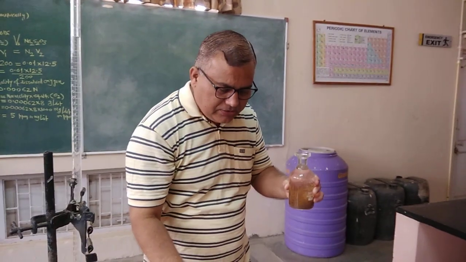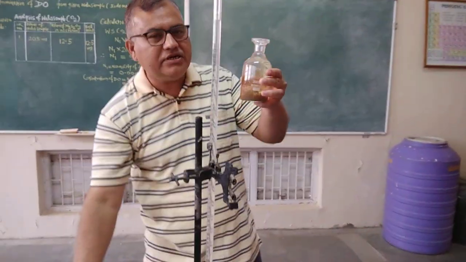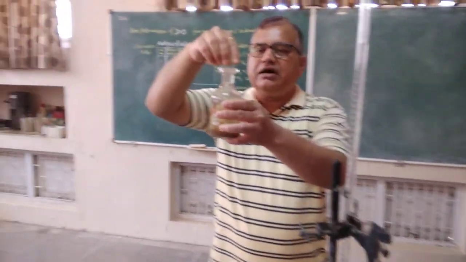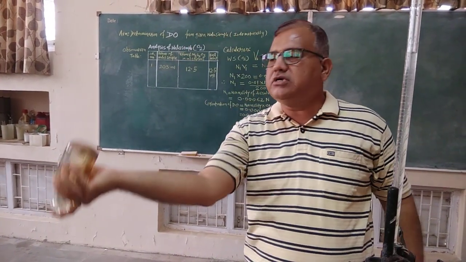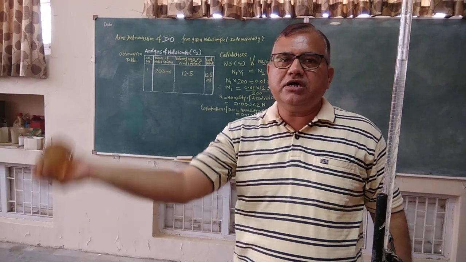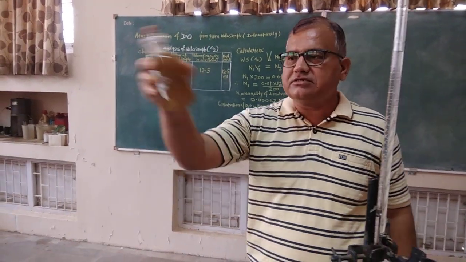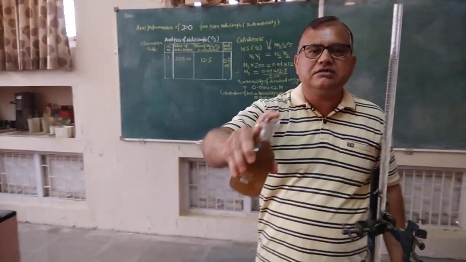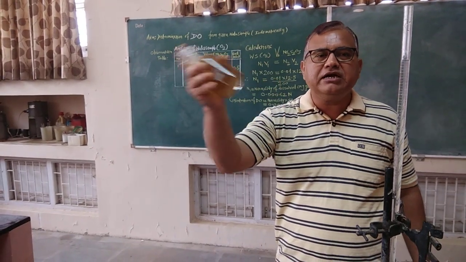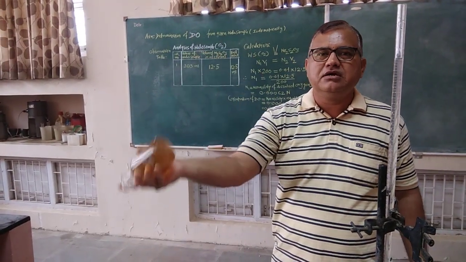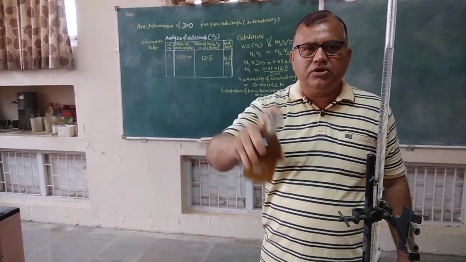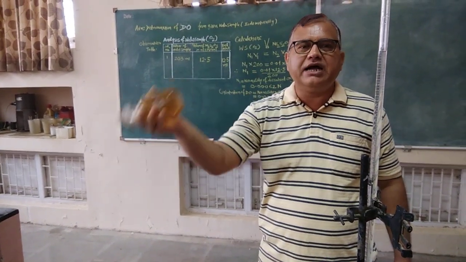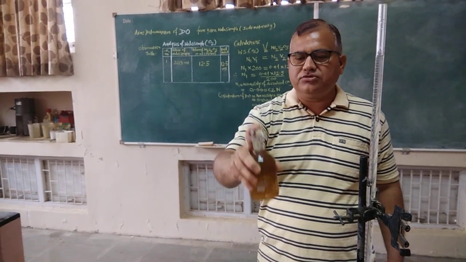So you add 8 to 10 drops of concentrated sulfuric acid, stopper the bottle again, hold it like this and invert 3 to 4 times. You will observe that this basic manganic hydroxide or oxide dissolves in the water sample after addition of concentrated H2SO4.